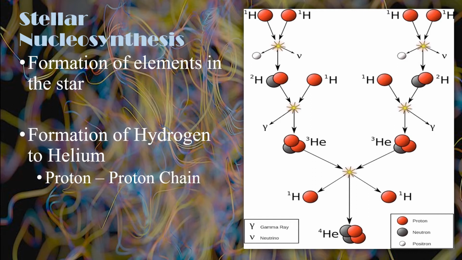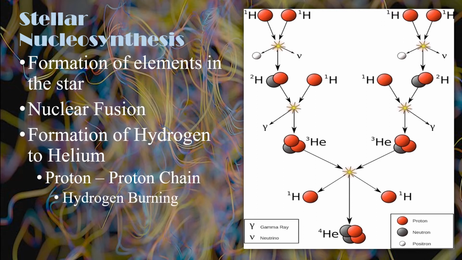It is the process where they are able to combine 4 hydrogen into helium. The chemical reaction in this formation is what we call nuclear fusion. The proton-proton chain, or proton-proton cycle, is also called hydrogen burning.